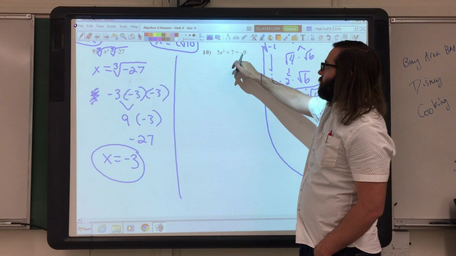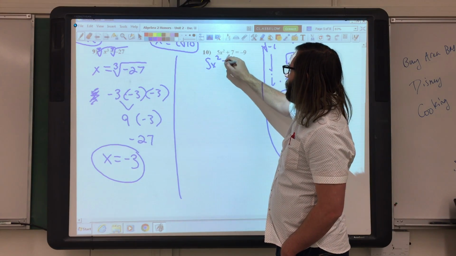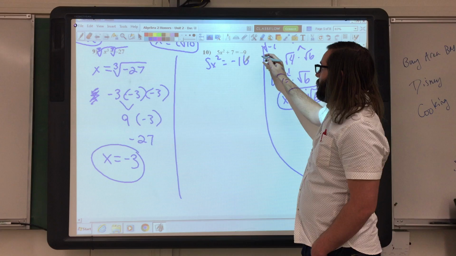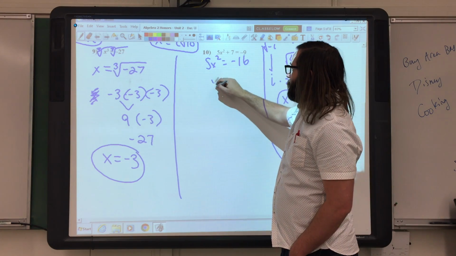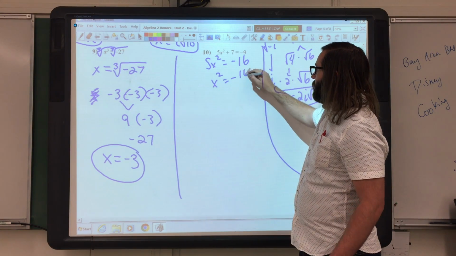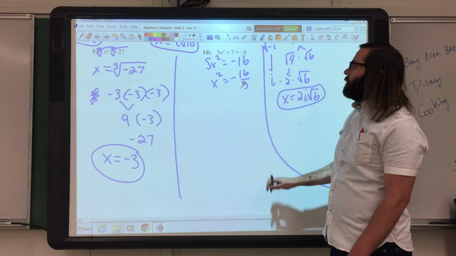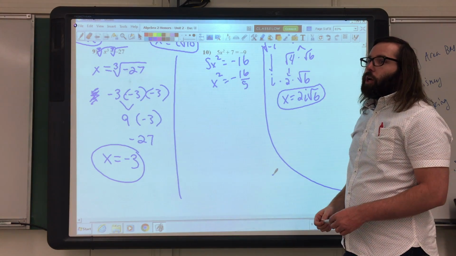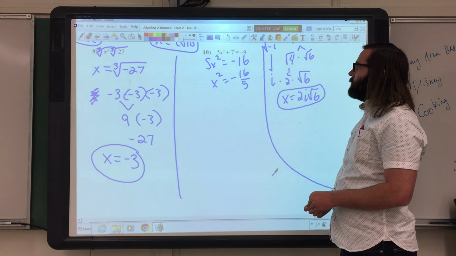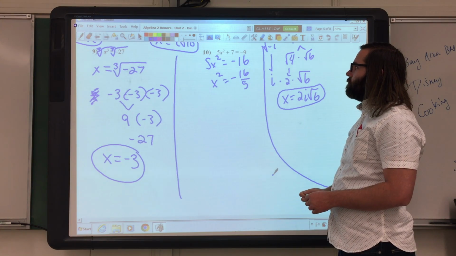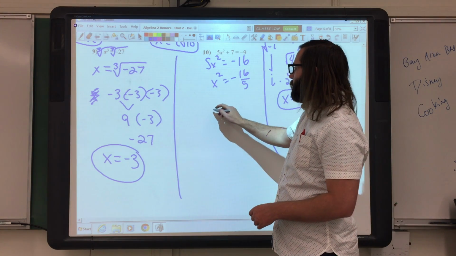Okay, number 10, solve for x. So you get 5x squared is negative 16. X squared is negative 16 over 5. This is looking real crappy. So you square root.